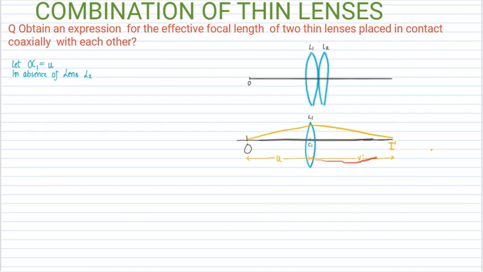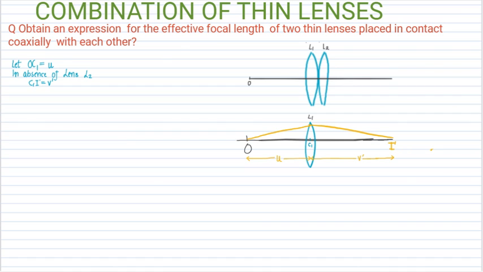Your image distance is represented by C1I dash. So I can write C1I dash equals your image distance V dash.